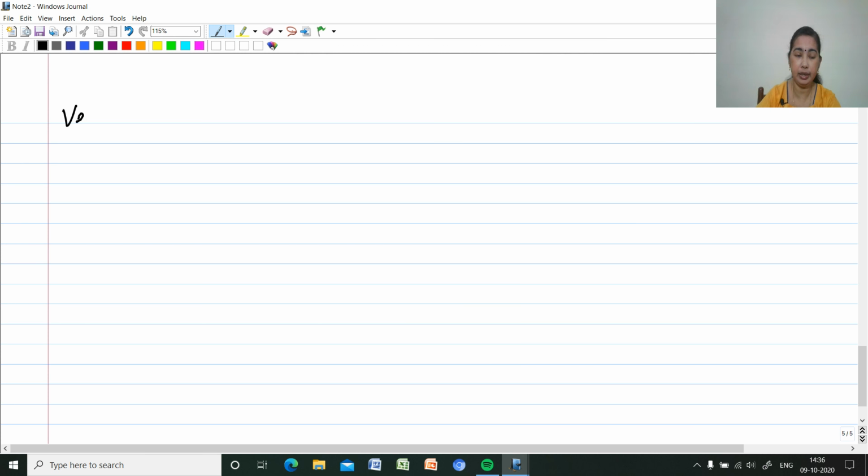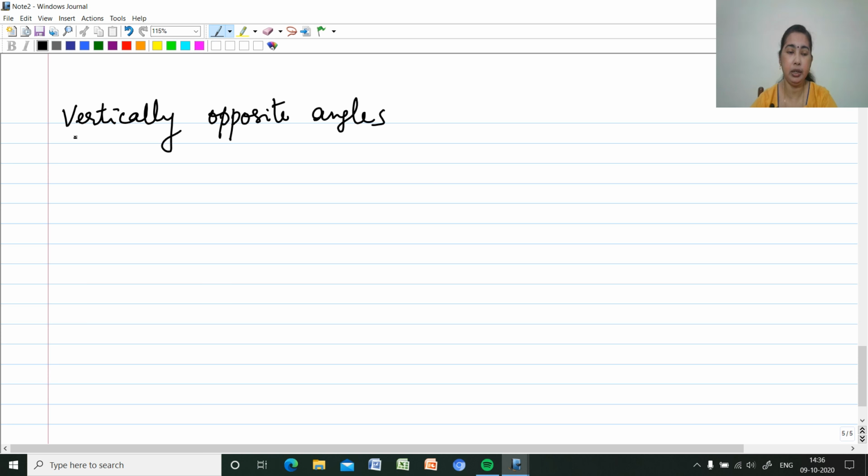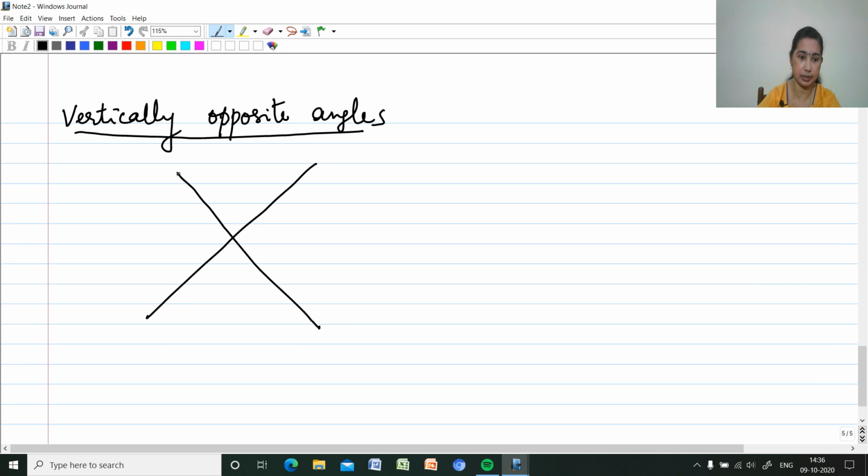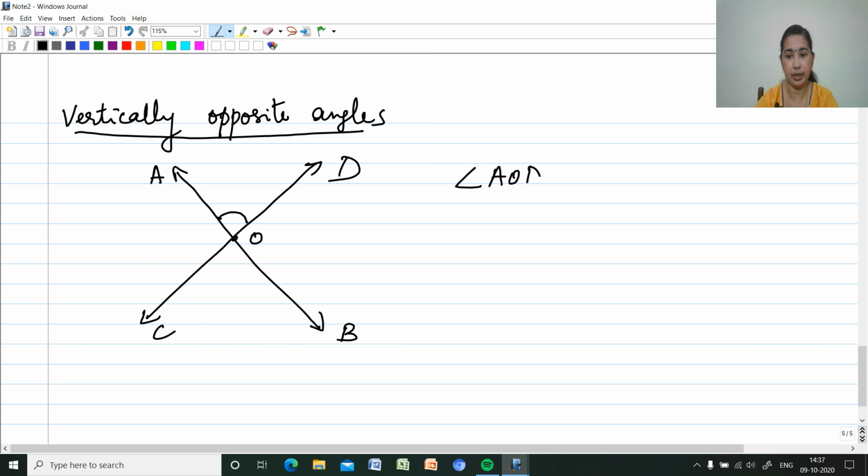Now next is vertically opposite angles. These are the basic things which you should know. What are vertically opposite angles? If two lines intersect each other, say AB is a line and CD is another line, intersecting at a point O, then angle AOD will be equal to angle BOC.